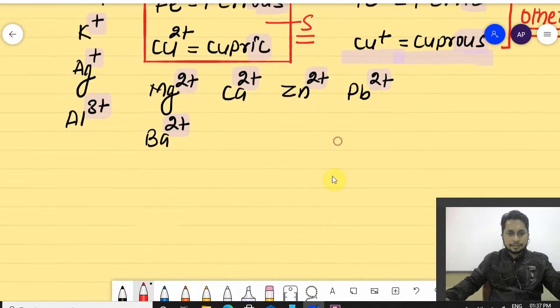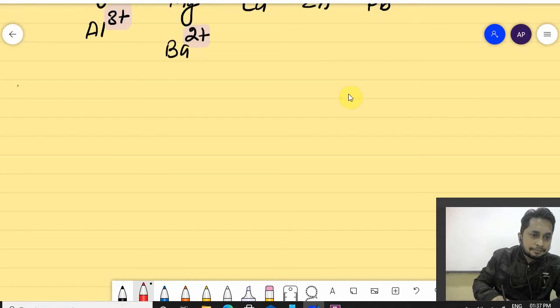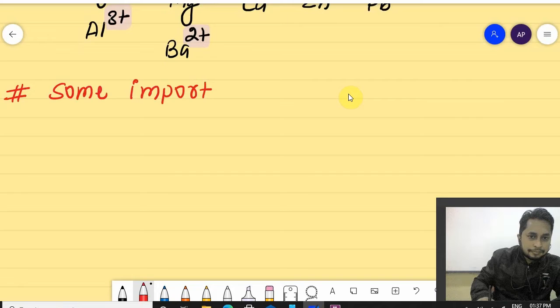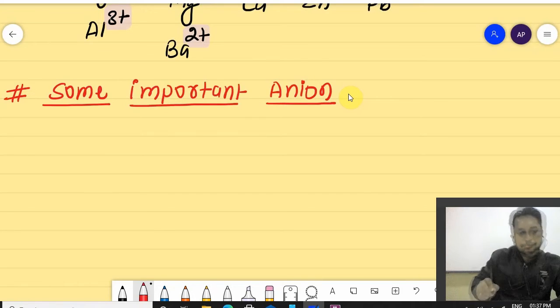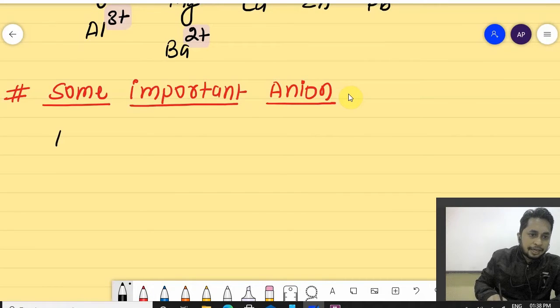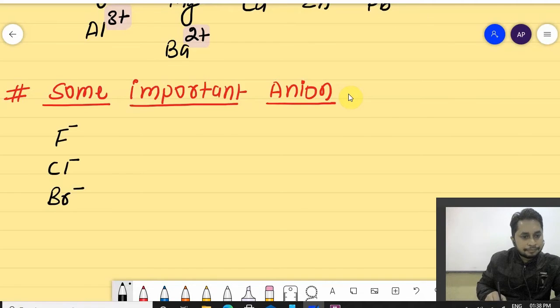Next one is some important anions. So we have fluoride F minus, chloride Cl minus, bromide Br minus and iodide I minus.